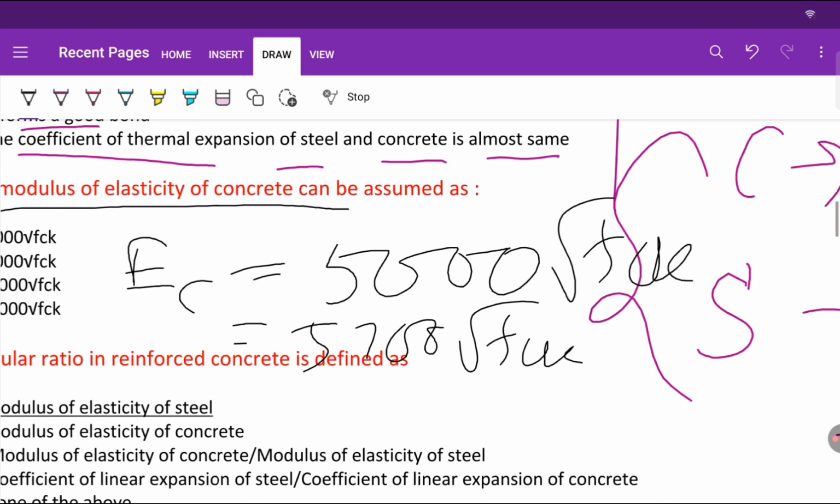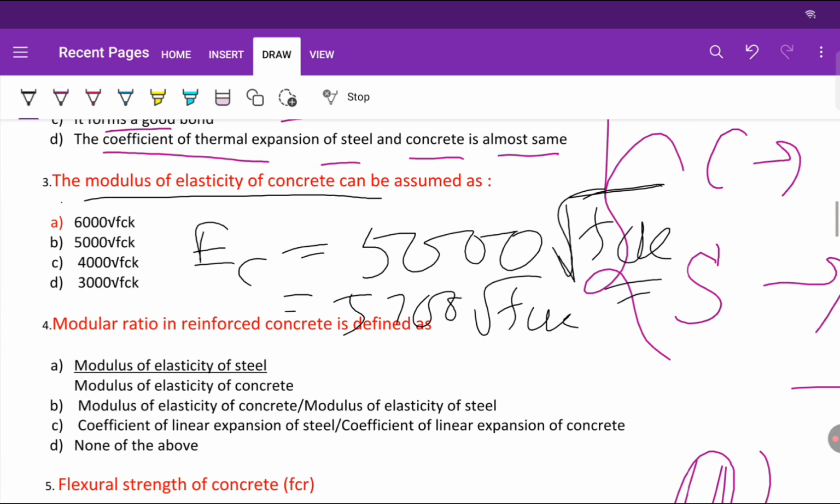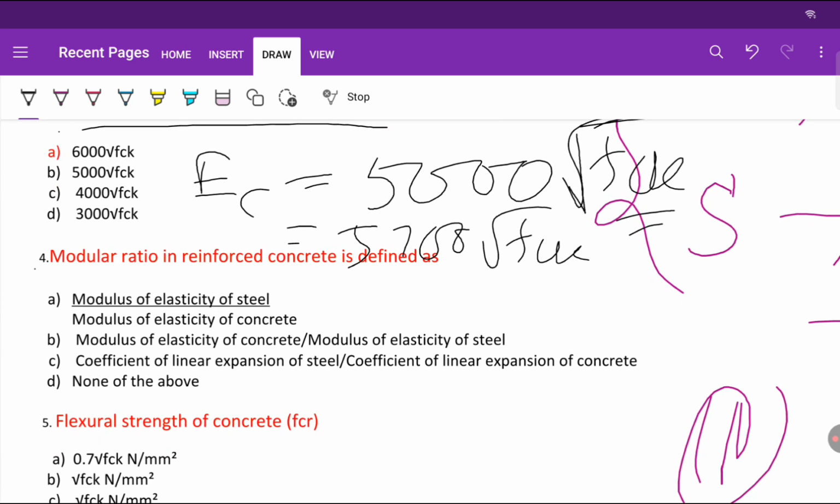So remember, as per IS 456 it is 5000 into under root of fck. Here fck is the characteristic strength. Okay, so let's move to the next question.